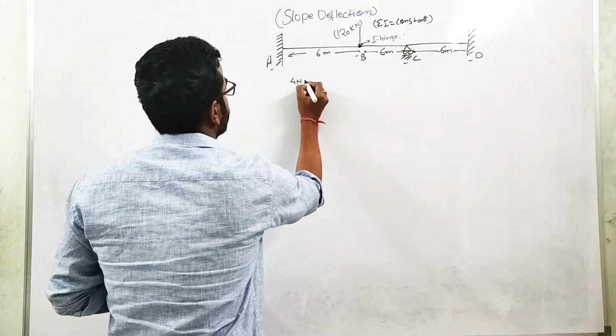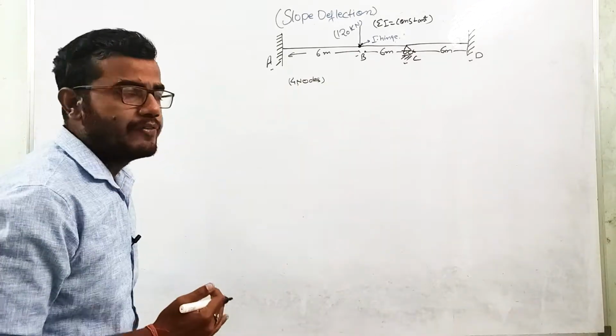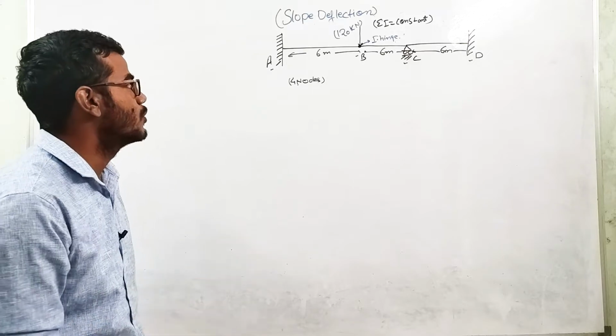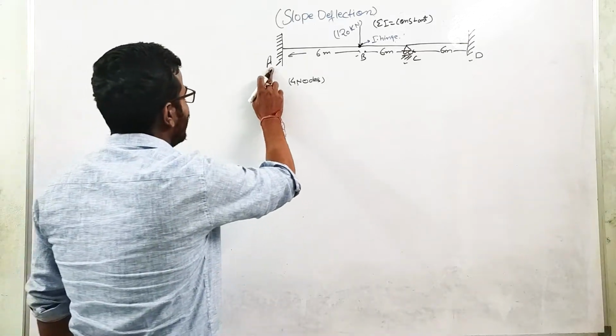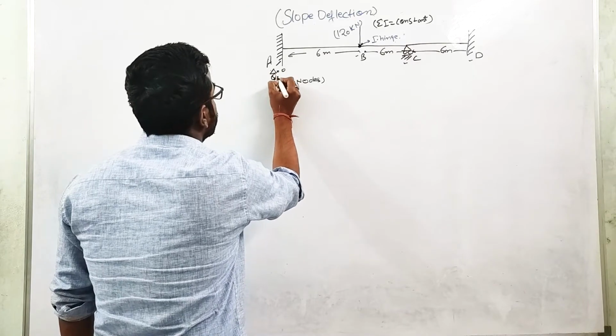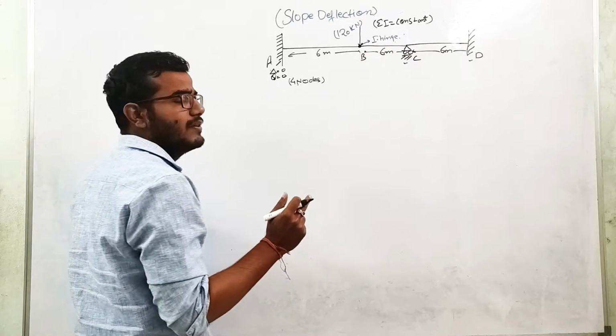Now we need to define our kinematic indeterminacy, or the displacements at these node points. As you can see, support A is fixed, so we have 0 displacement here. Now let us come to point B, the internal hinge.